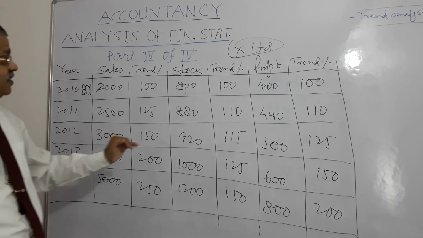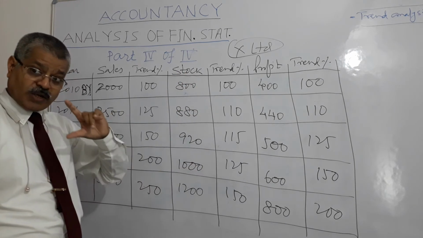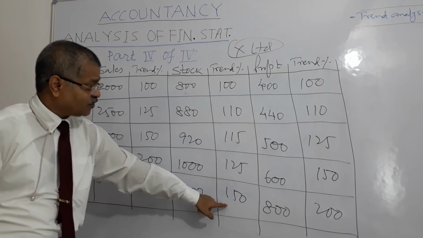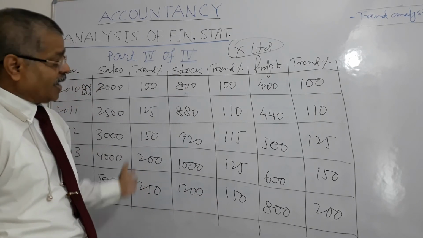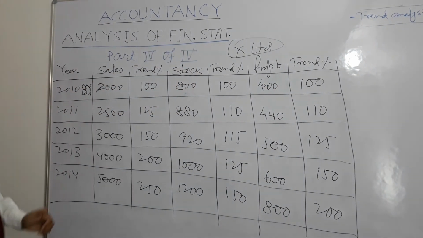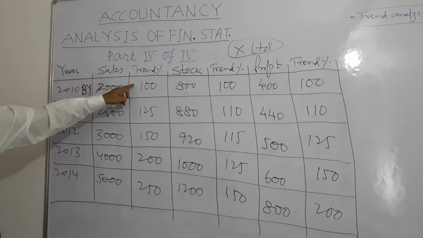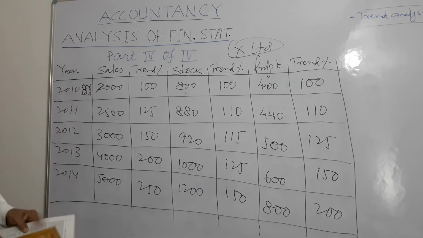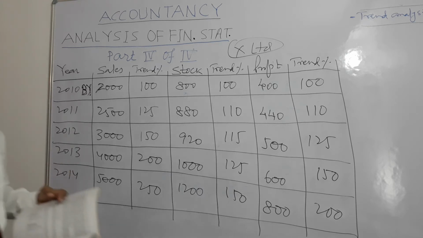The lowest increasing trend is in stock, 100 to 150. Higher than that is profit, 100 to 200. And the highest increasing trend has been observed in sales, which has increased from 100 to 250. So this is the way we need to analyze it.